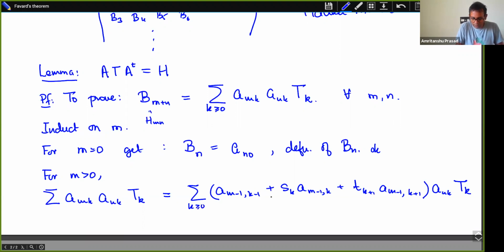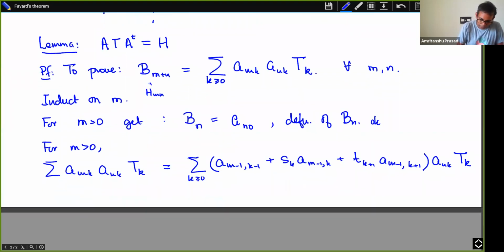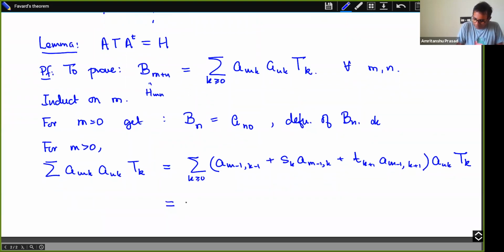Here it's assumed that if k is less than 0 or something, then these indices are 0, the usual kind of conventions that are used. Now we will try to make this m common and vary the n. So we will collect the terms corresponding to am minus 1.